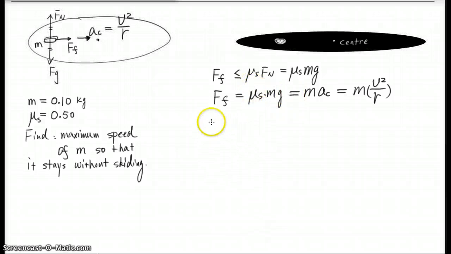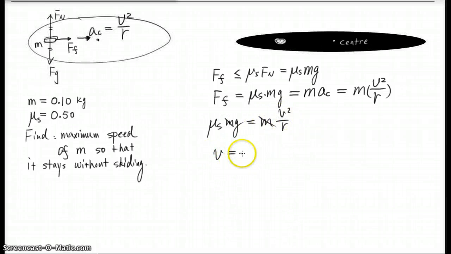Okay, look at this formula here: mu s mg equals m v squared over r. You can cancel the m and isolate the v, so v should be the square root of mu s times g times r, and just plug in.